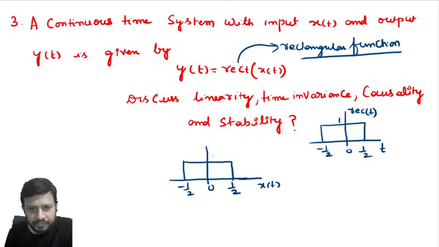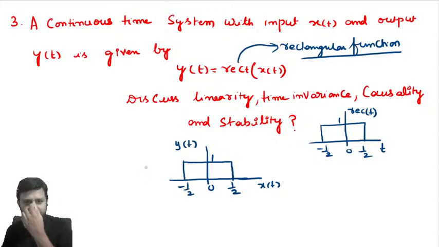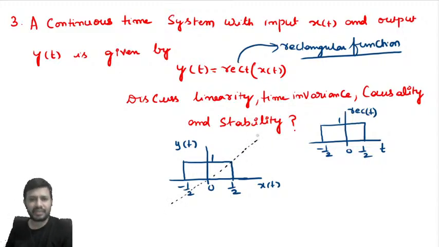This is y of t, right? Now, is it linear? No, because linearity requires this kind of input-output relationship passing through the origin. Simple check. For a linear system, the zero input, zero output property must be satisfied. If input is zero, output must be zero. But if you observe, if input is zero, we are going to get some value as 1. So this is non-linear.